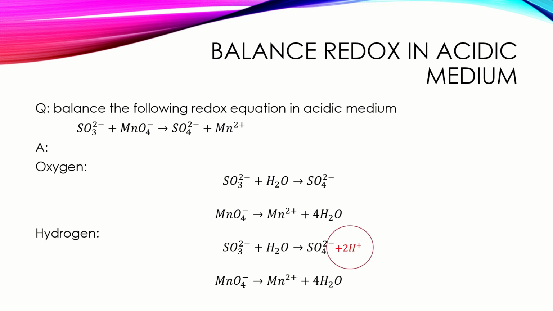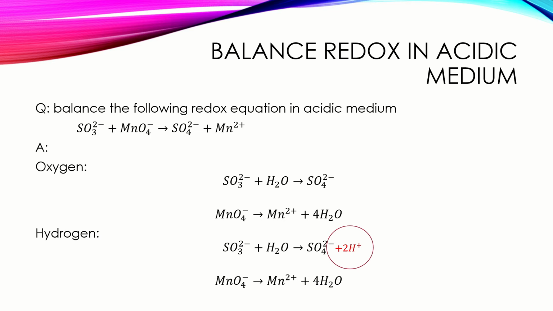I got 2 hydrogens on the left side, so I am going to add 2H plus on the right-hand side. So I have 2 hydrogen on both sides of the equation. Now my sulfur, oxygen and hydrogen are all balanced.